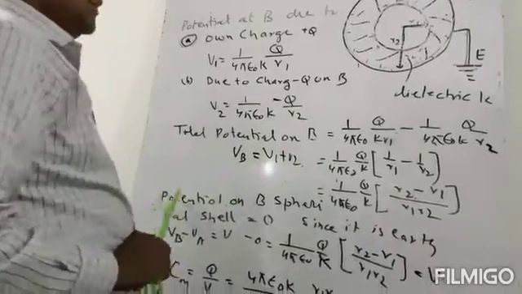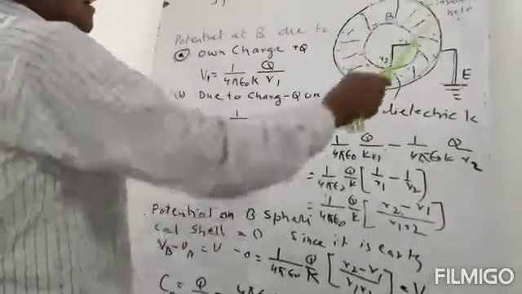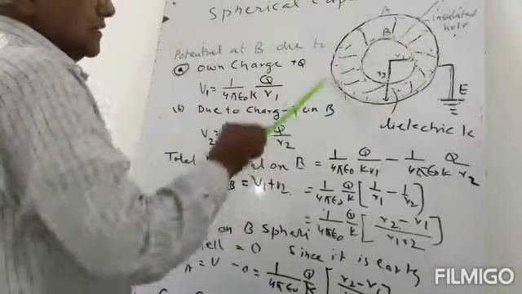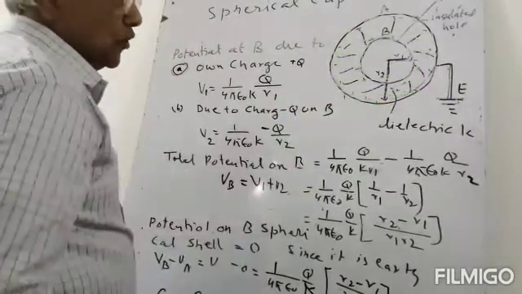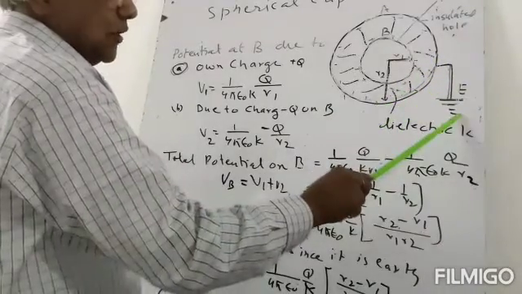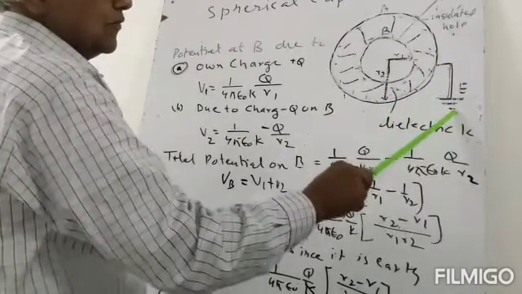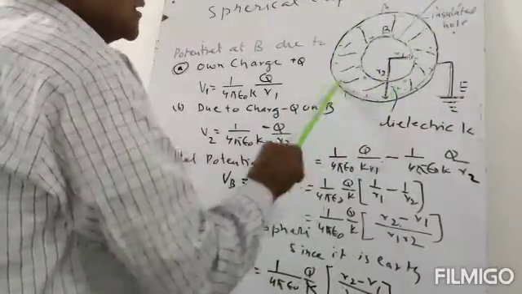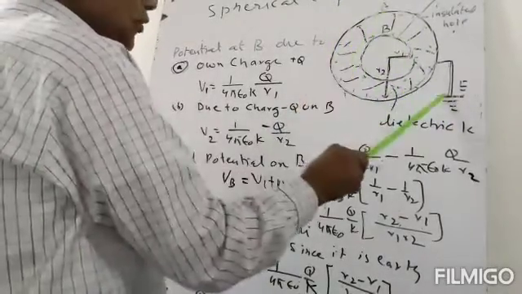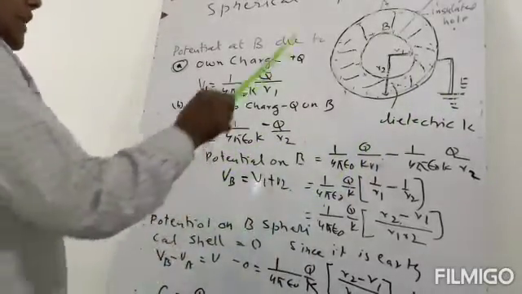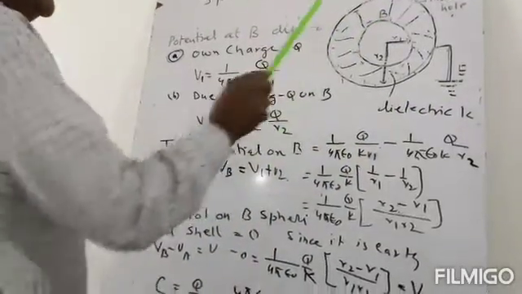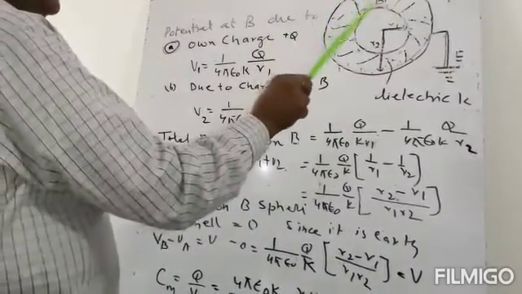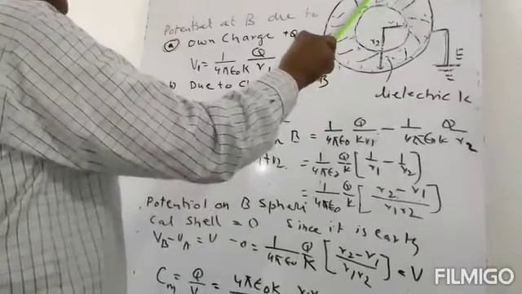Now what will be the potential at A? The potential at the surface of spherical shell A will be 0 because it is connected to the earth. So the potential of the spherical shell A will be 0. So the potential difference between B and A, VB minus VA, will be equal to VB minus 0 because VA is 0.